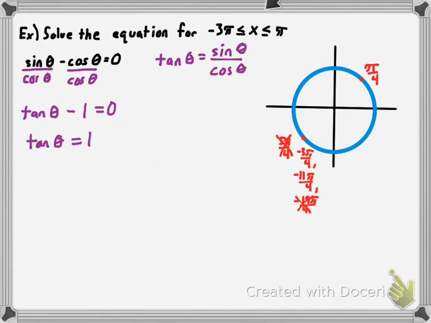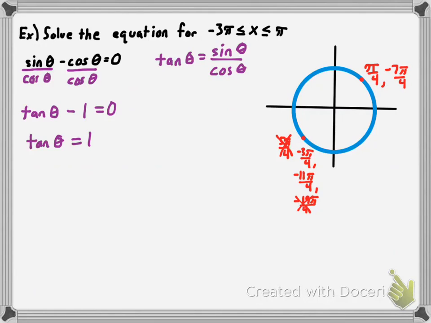All right, now let's see if we can find some angles that are coterminal with pi over 4 that also fit within our domain here. Now, adding 2 pi would give us something that's too big. That would give us 9 pi over 4, which would be bigger than 1 pi. But let's subtract 2 pi. So pi over 4 minus 8 pi over 4, negative 7 pi over 4 will work.